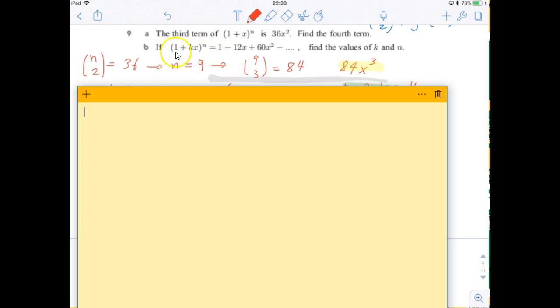But one good thing about knowing that a equals 1 is we know it does not contribute to any of the other terms. So when we look at the second term, negative 12x, we know that this negative 12x comes purely from kx and the Pascal's triangle coefficient. We don't know the second Pascal's triangle coefficient, because we don't know n yet, okay?